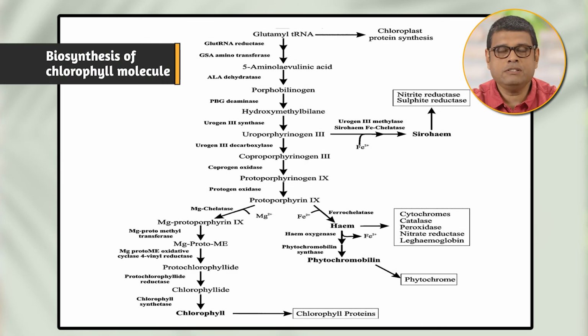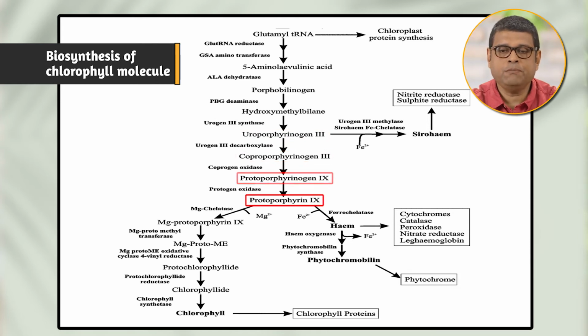Chlorophyll biosynthesis starts from glutamic acid with the functional glutamyl tRNA, and it is converted to aminolevulinic acid, and then with the dehydratase enzyme, it produces porphobilinogen, and then hydroxymethylbilane, and then uroporphyrinogen, coproporphyrinogen and protoporphyrinogen.